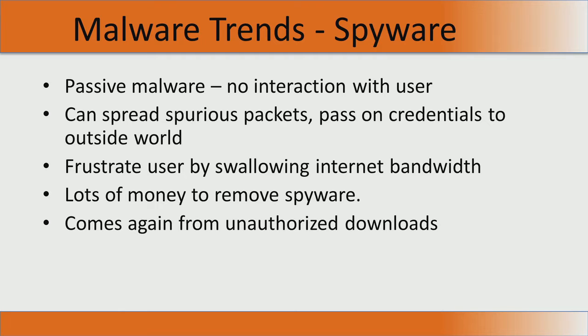It has a lot of stealth. It just stays in your system and does not interact with the user. So from the user's perspective it is very stale, he does not even realize that there is a passive malware running. But what can this malware do? It can start spreading spurious packets on the network, choking the network and making an availability issue.